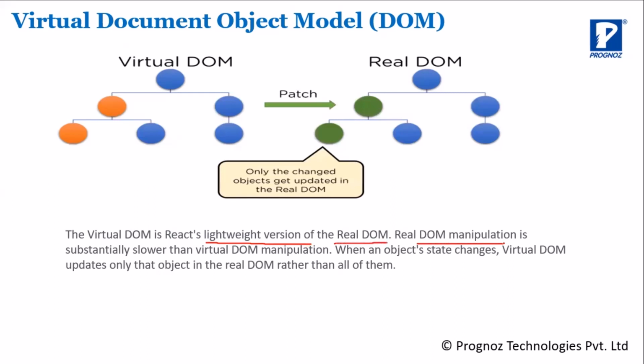Real DOM manipulation is slower, मतलब performance slow होता है as compared to virtual DOM. So when an object's state changes, कोई भी element का changes हुआ, कोई भी state change हुआ, the virtual DOM updates only that object in the real DOM rather than all objects.